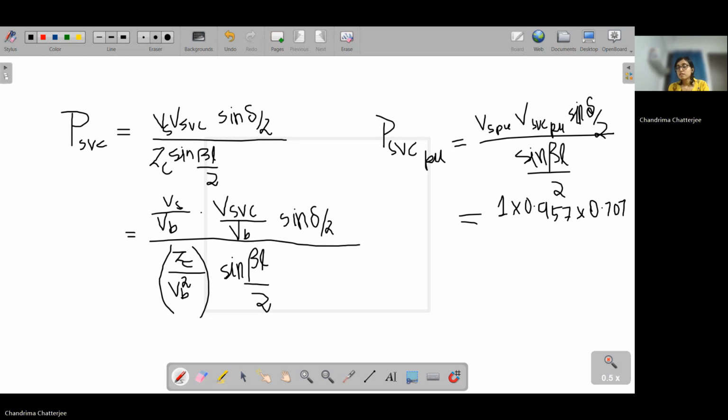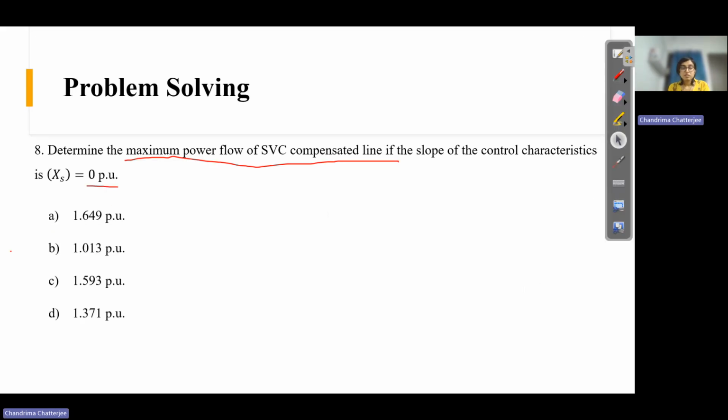And here sine beta L by 2 is sine 25.14 degree, right? So this comes out to be, as per my calculation, 1.592 per unit. So the correct option is option C.